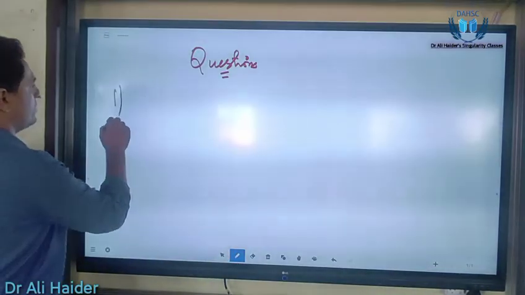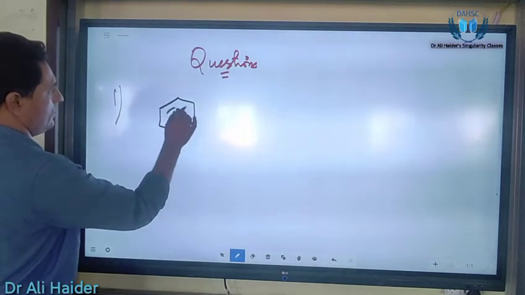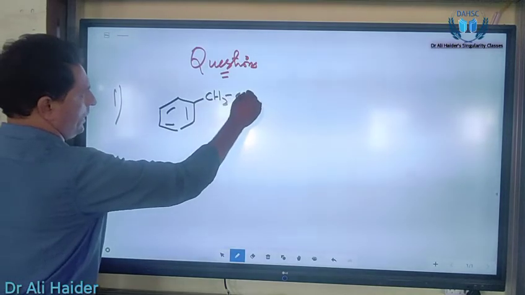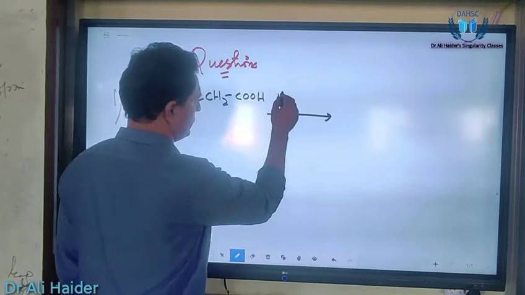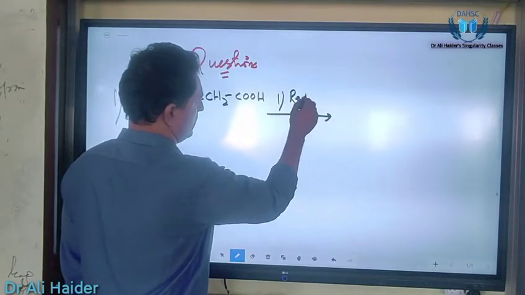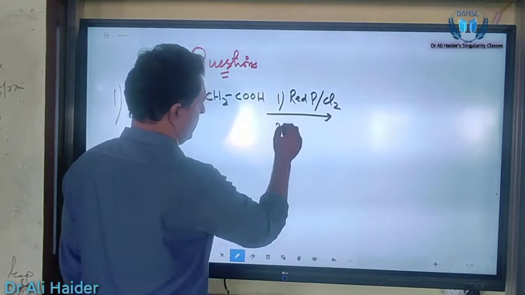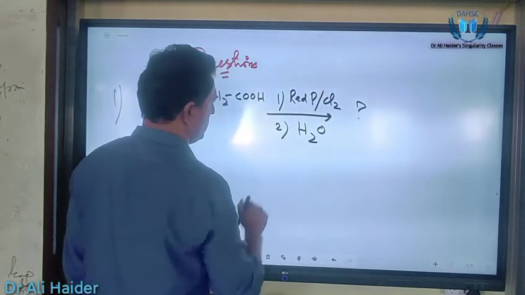For example, if we have this molecule CH2 COOH, if you react it first with red phosphorus along with, suppose, Cl2. In the second step you carry out hydrolysis. What will be the product?